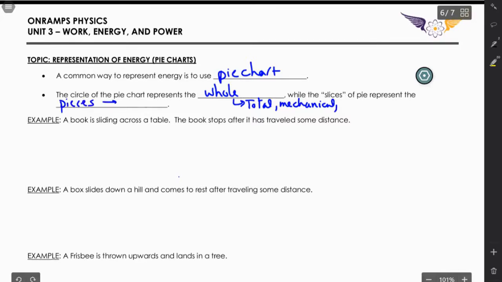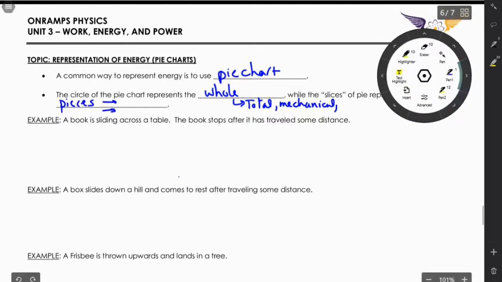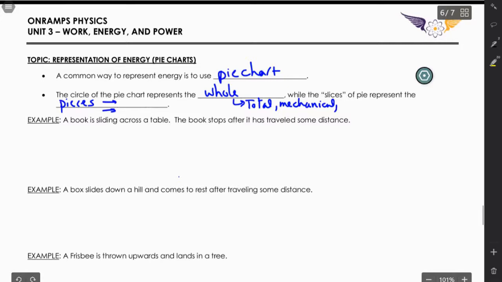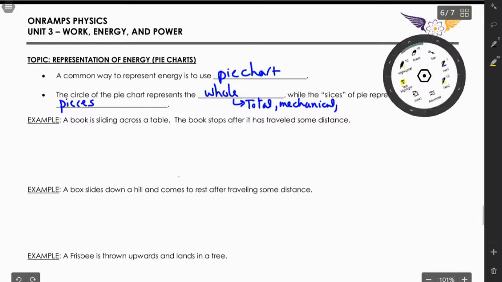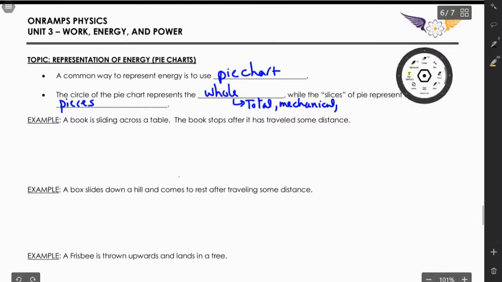For energy, for what we're focusing on here in physics, you're going to have three things for the most part. You're going to have kinetic energy, you're going to have potential energy, which could be UG or US based on what's happening, and then you're going to have what we call internal energy.